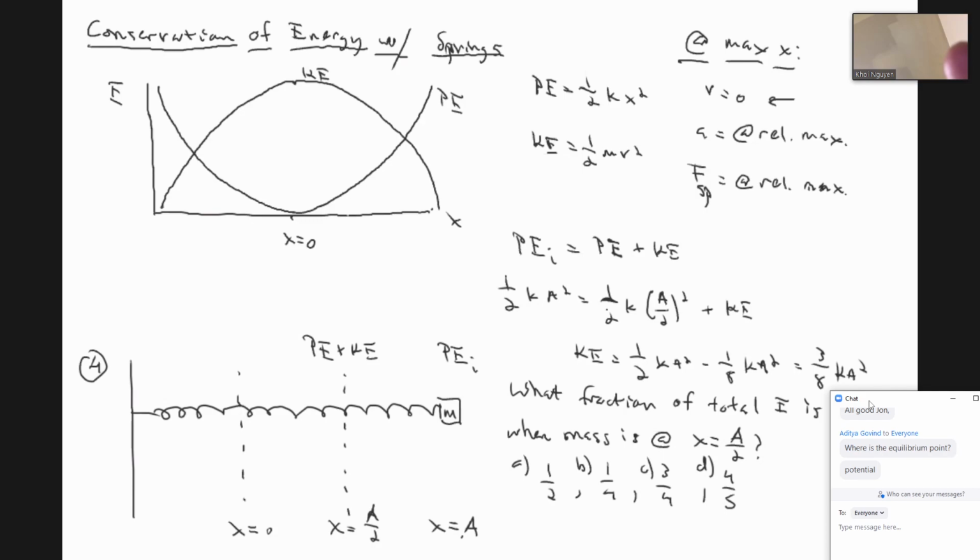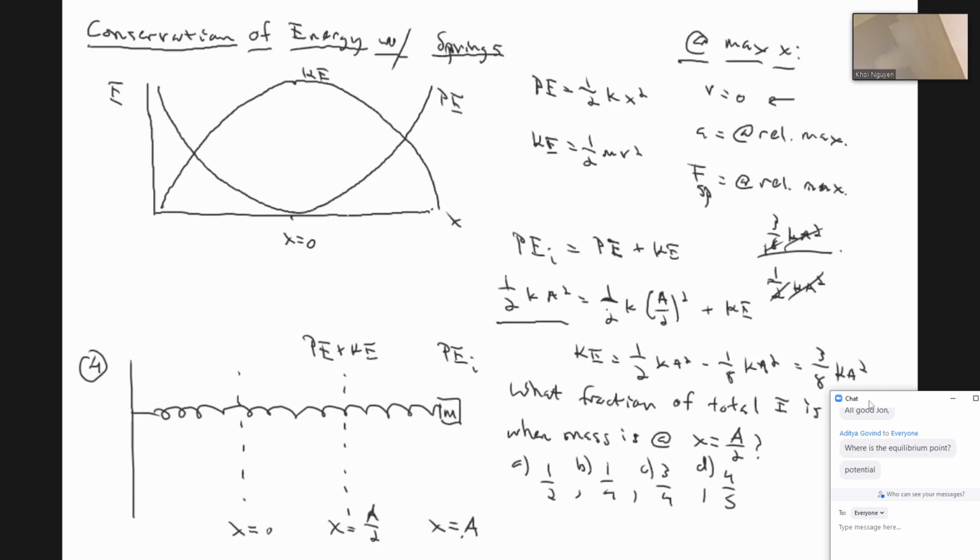But that's not the fraction, right? So in order to get the total energy, what's our total energy? It's this amount, right? What we started with. So the fraction would have been 3/8 KA squared divided by 1/2 KA squared. KA squareds would have gone away.